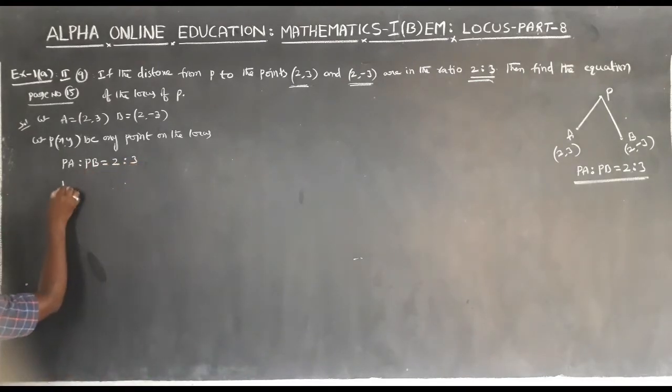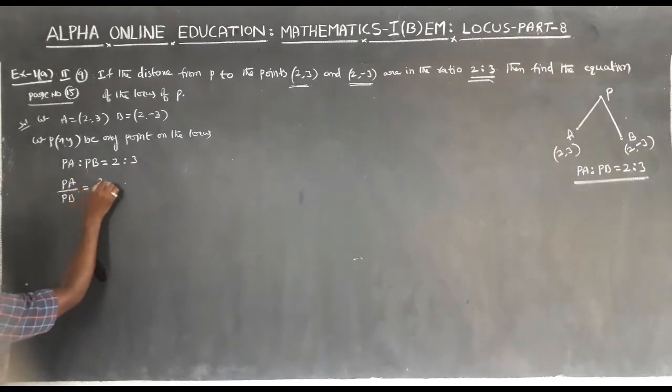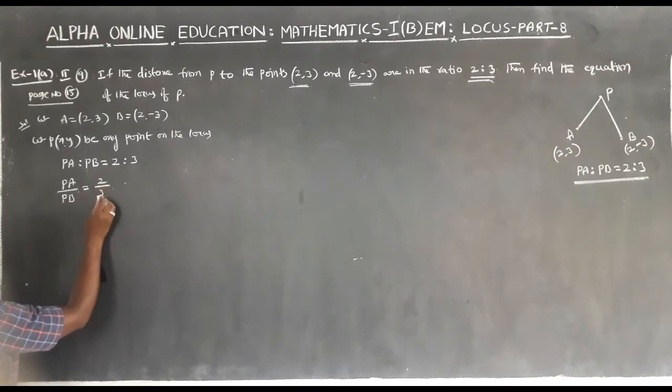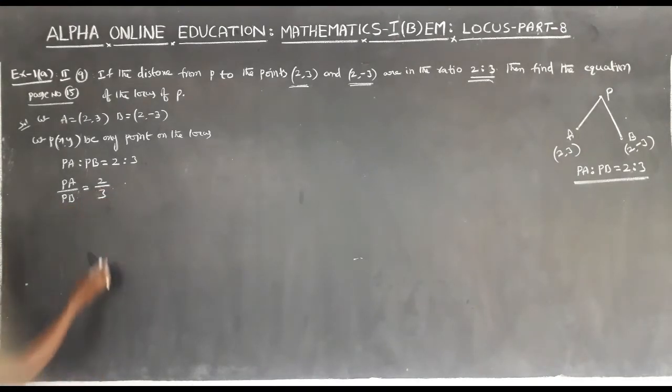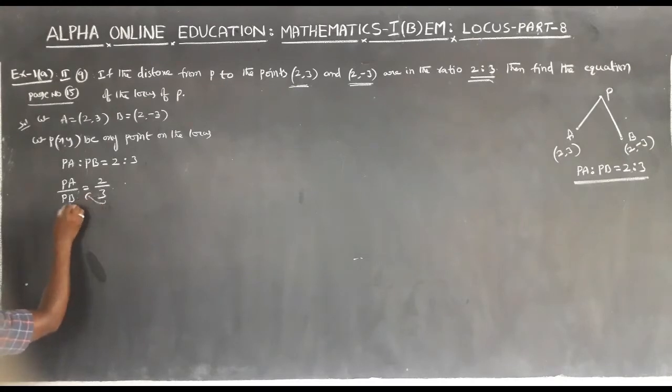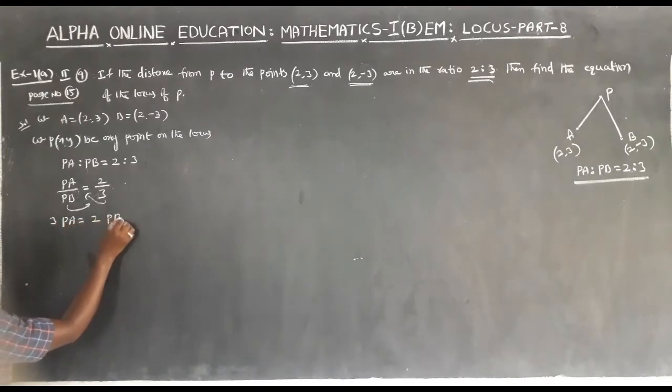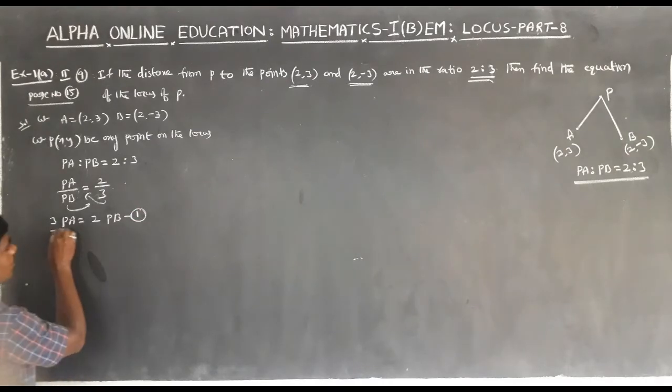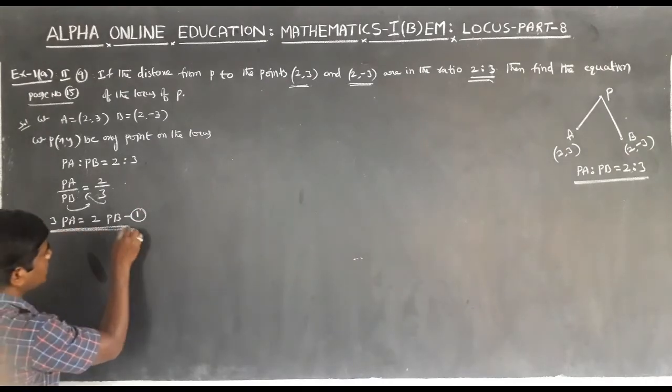Is to means by. PA by PB is equal to 2/3. Cross multiplication: taking 3 to the left side, PB to the right side. 3PA is equal to 2PB. This is the given geometric condition.